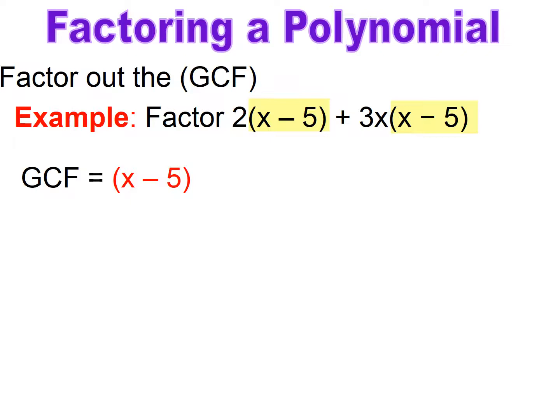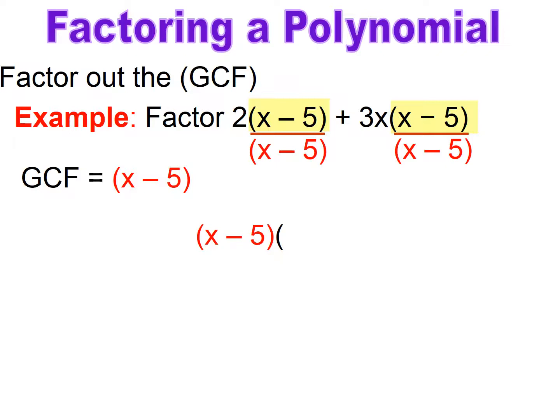That common binomial is the greatest common factor for these two terms. So you're going to take that and write it on the outside with an open parentheses. And then you're going to divide out that common factor, that GCF, out of each term.